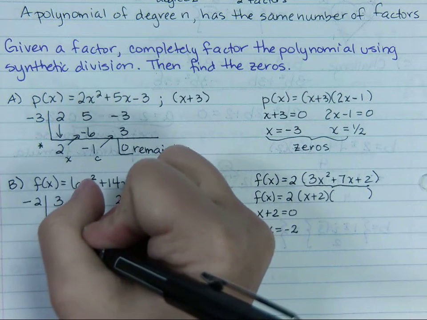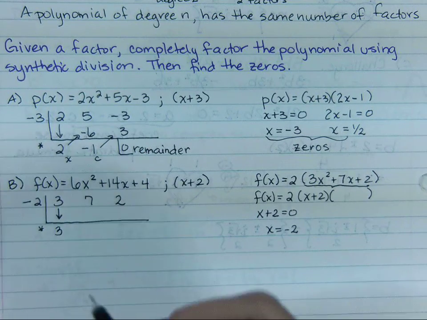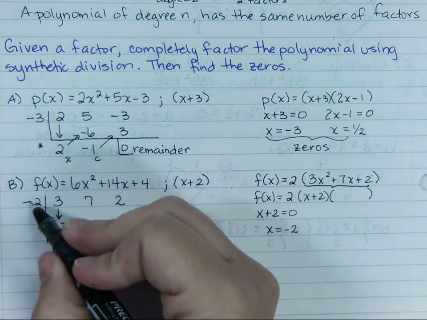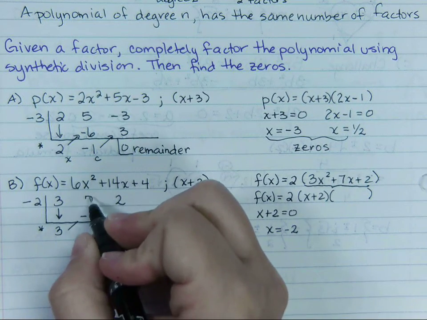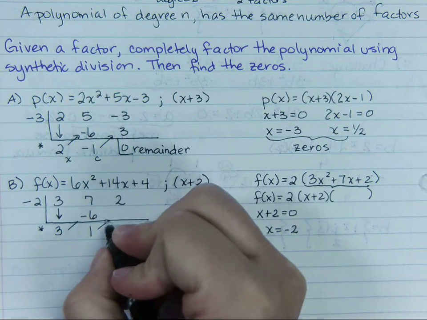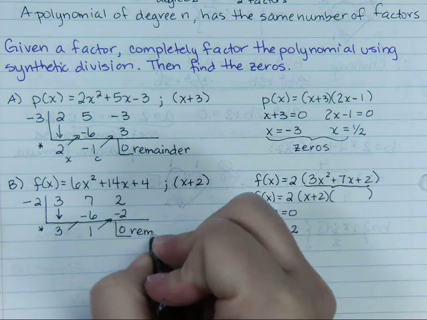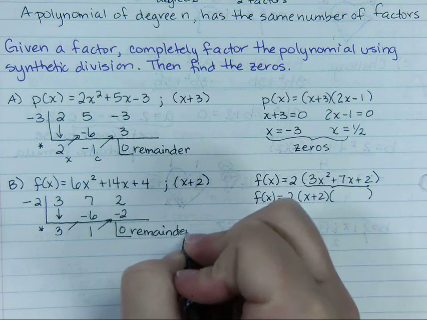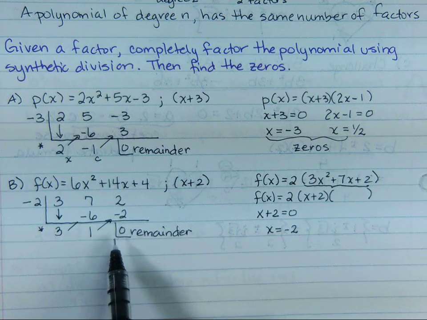And so let's bring the 3 down. And we should still get a 0 if we do this right as a remainder. Negative 2 times 3 is negative 6. Add straight down. Negative 2 times 1 is a negative 2. And add straight down. And again, you can see we got no remainder.